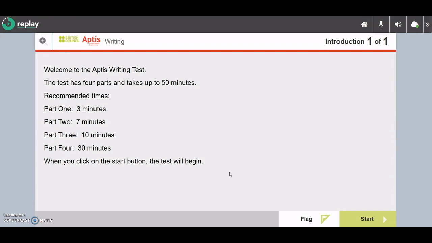Now, the structure of the exam is quite simple. In part one, you will get 5 questions discussing a particular topic. For instance, maybe you joined a language club and 5 people have messaged you and you're responding to those messages. Each of your answers should be maximum 5 words.